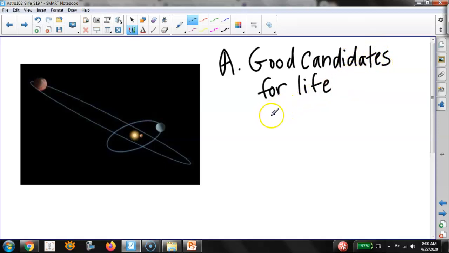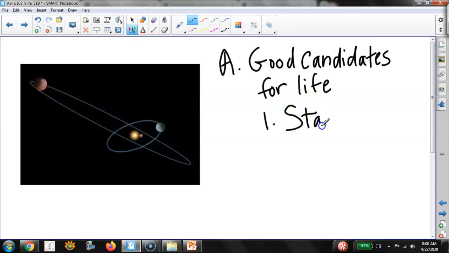Well, we're going to really focus on that idea of liquid water and temperature. And there are several things that we can actually learn about these planets without going there, without taking pictures of the planets, just from our space telescopes.